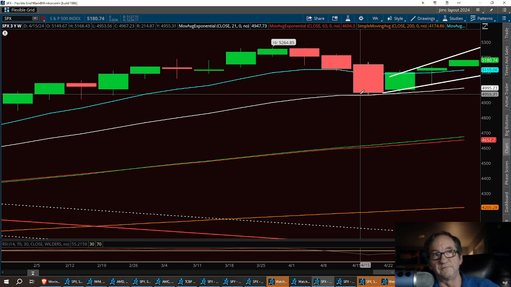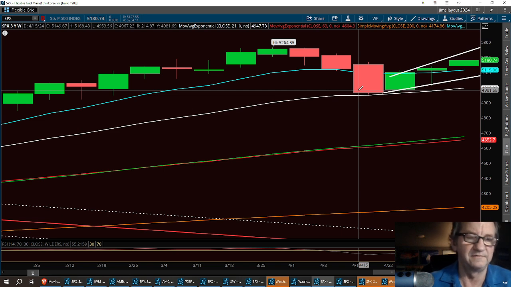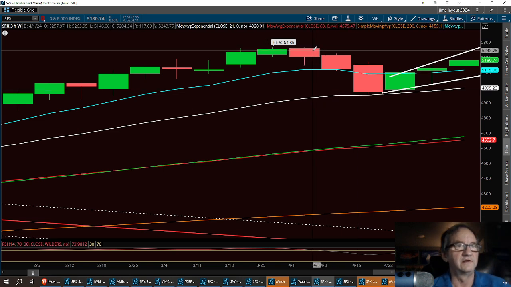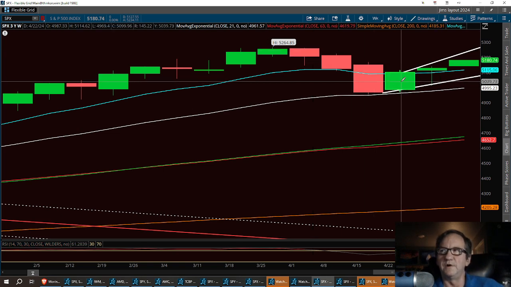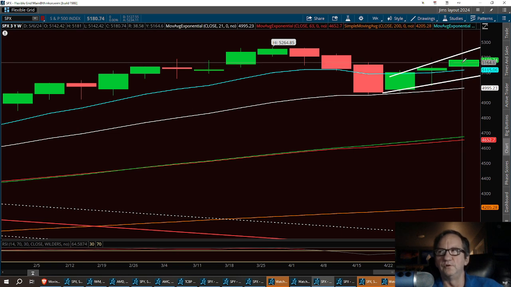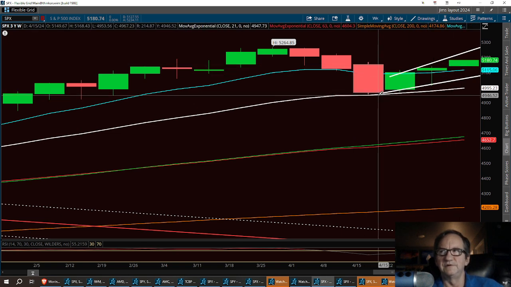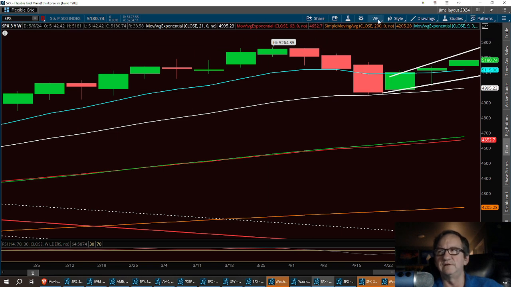And I called this out with confidence. No one else called it out. I couldn't see anybody on CNBC, Schwab, none of them. I don't think they look at chart patterns. We have 3 black crows with a harmonic candle. Then we had a dragonfly, and now we're still bullish. So we nailed this bottom right here off the 21. And that is on the weekly.